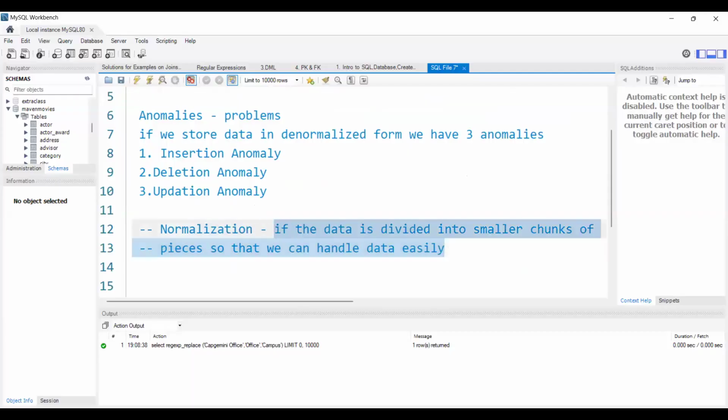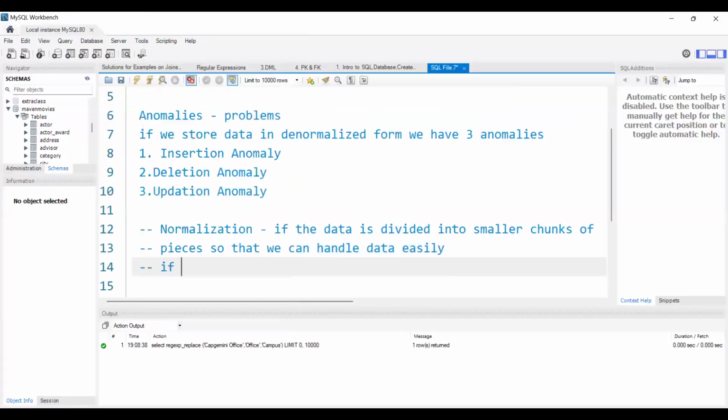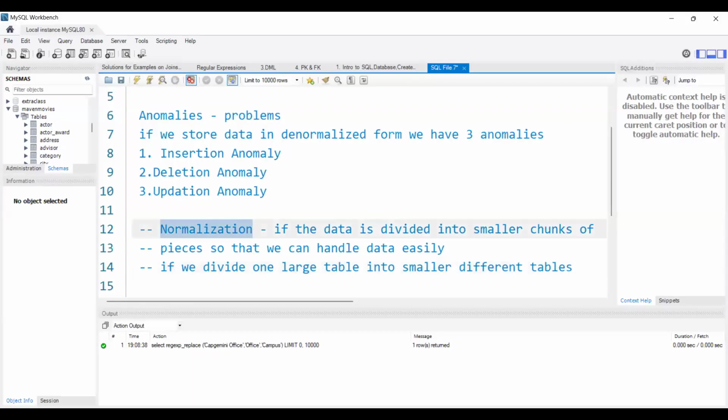Smaller chunks means if we divide one large table into smaller different tables, and make sure there is some common column between them so that we can relate those tables. If we store the data like that, that data is called normalized data, or the concept is called normalization. Am I clear?